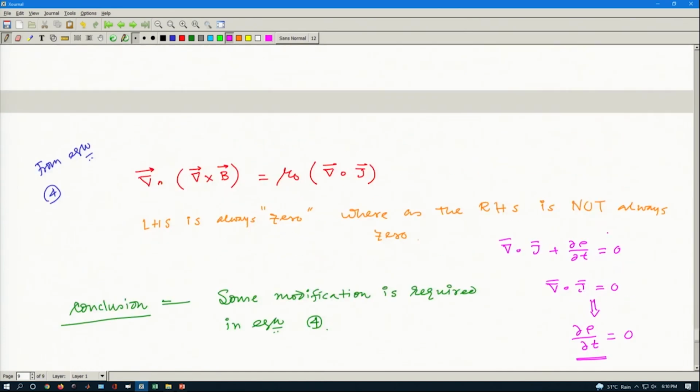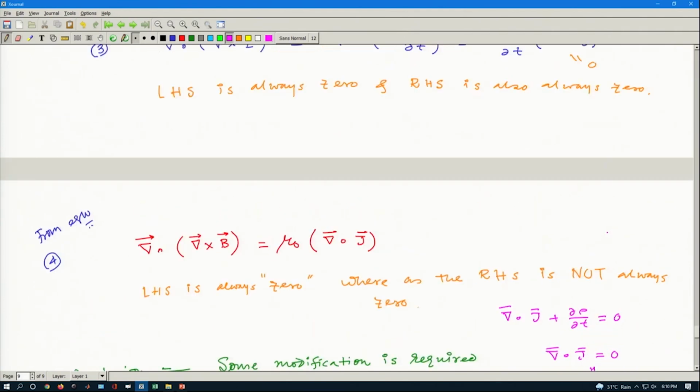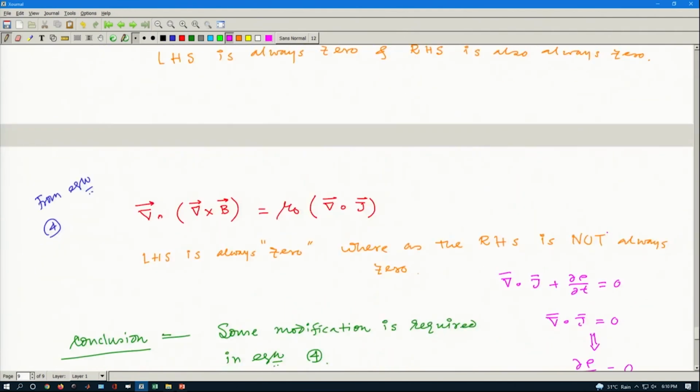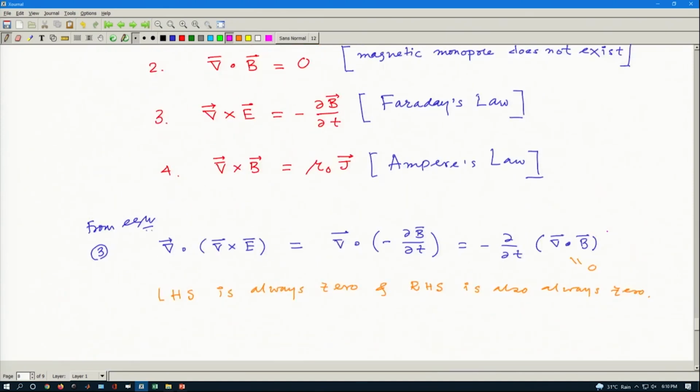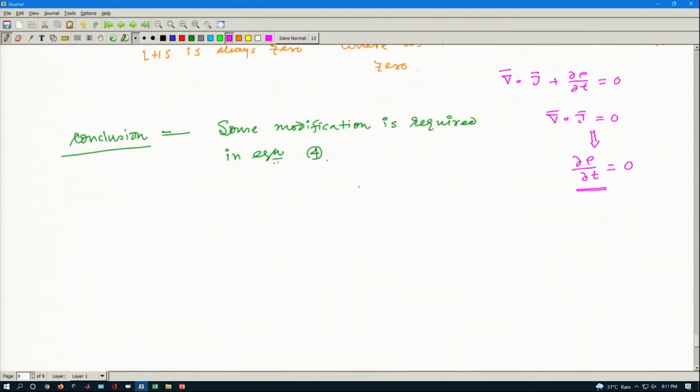So, I would like to conclude here in today's class, and in the next class we will discuss what kind of modification is really required in equation 4. We should consider this equation under scrutiny, as we find that there are some problems in equation 4, and we need to put the modification in equation 4 in such a way that the left hand side and right hand side complement each other.